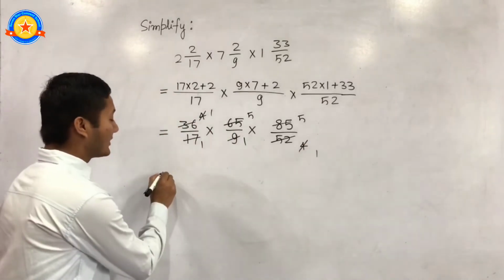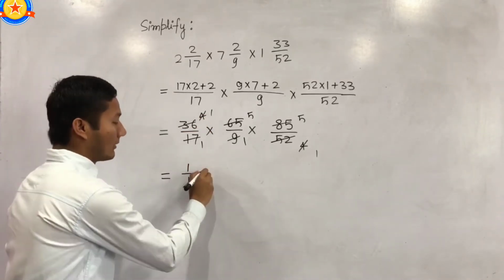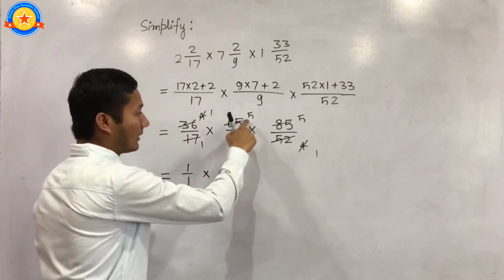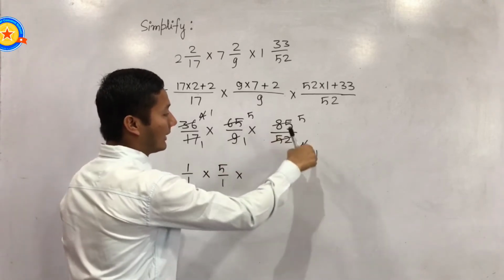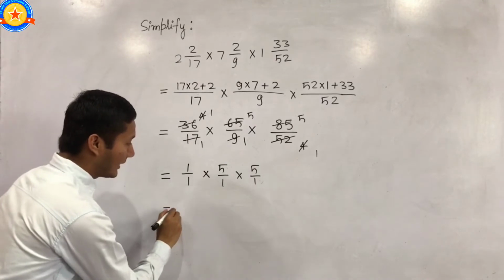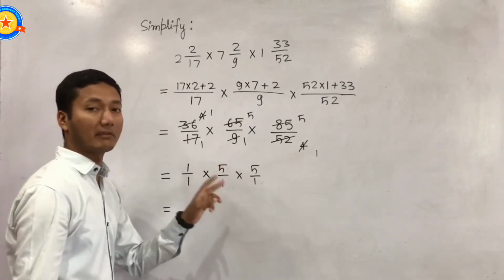Now students, if you see from here, we can say we have 1 by 1 in the first fraction, multiplied by 5 by 1 here. From here we can say we multiply the numerator with the numerator and denominator with the denominator.